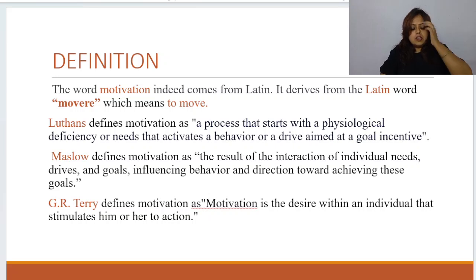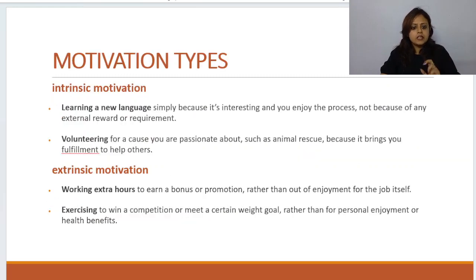Now, next we come to the 2 broad types of motivation. The first is intrinsic motivation, and the next type of motivation that I'll be discussing is extrinsic motivation. Now, what is intrinsic motivation?